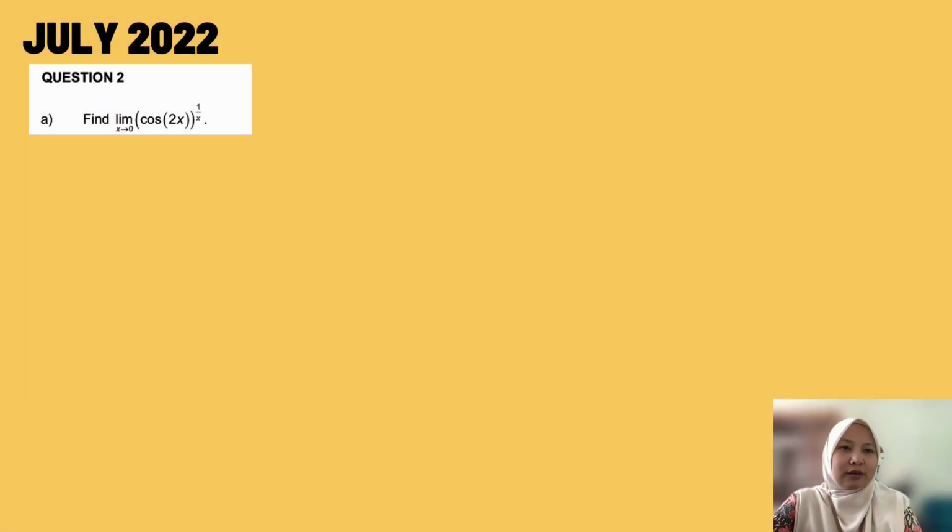Next question comes from July 2022, question 2a: find the limit of x approaching 0 of (cos 2x) to the power of 1 over x. To solve this question, first we need to let the value inside be y.